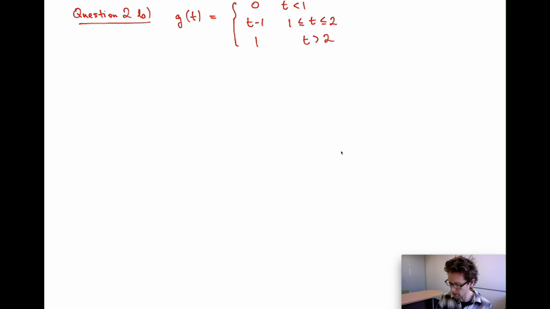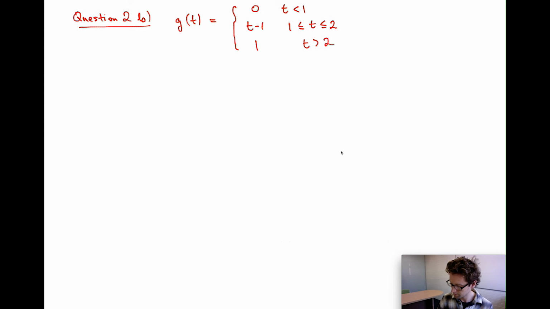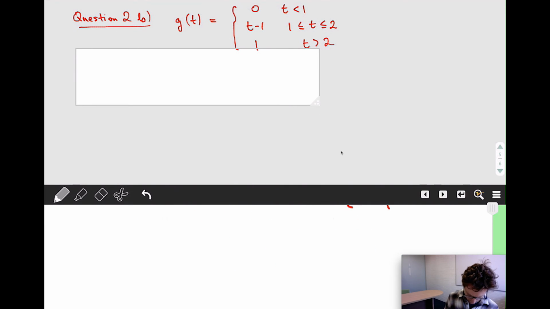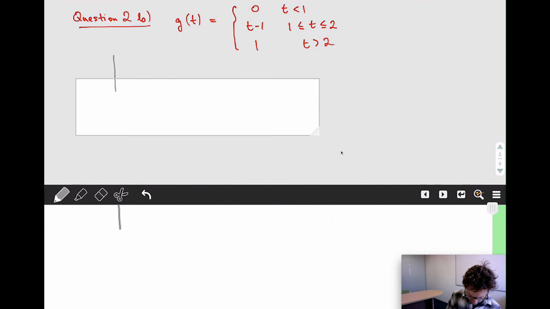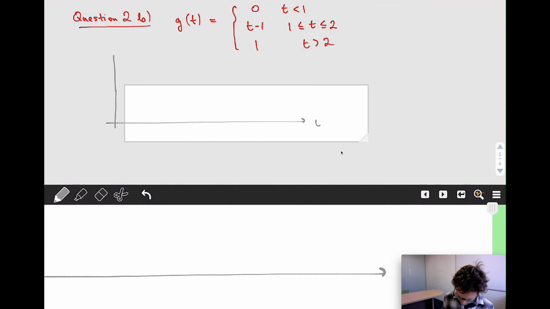So what is this thing going to look like? As always, I'm not really interested in what's going on for negative t, so let's just look at values of t greater than 0.